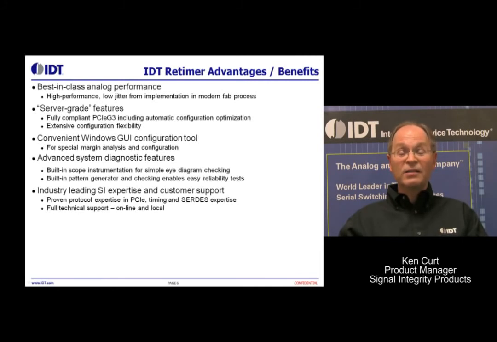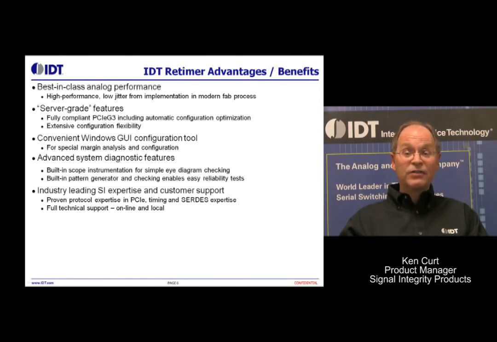So we have excellent skills in the analog domain. We also consider these devices to be server class or server grade signal conditioning devices. And by that we mean that they have lots of configuration capabilities, including the ability for automatic training under PCI Express Gen 3.